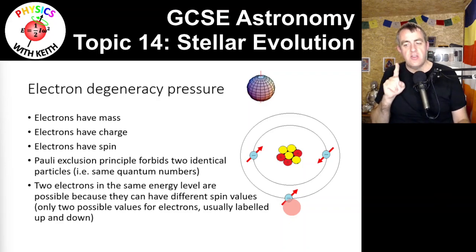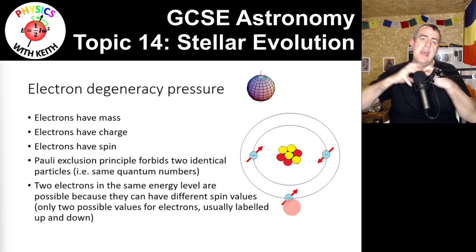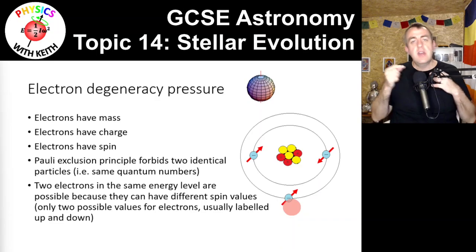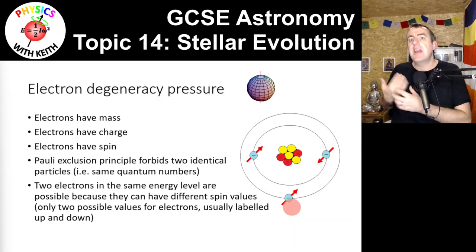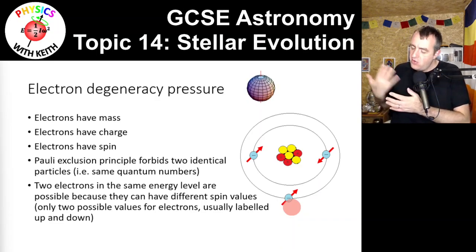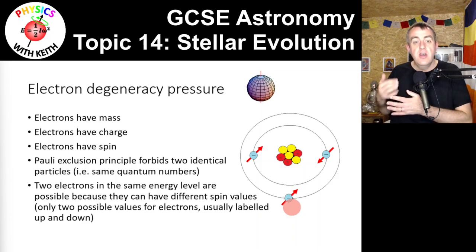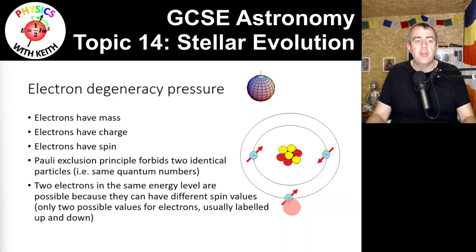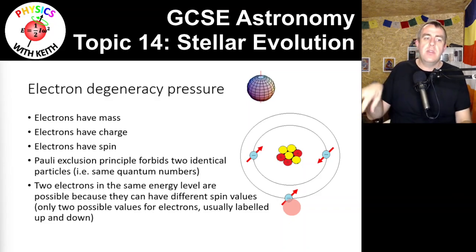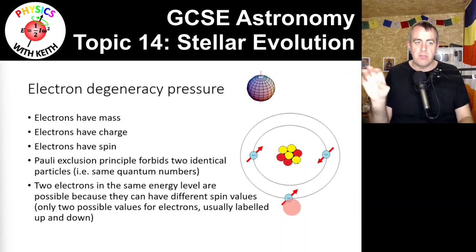Now, this does something interesting. This means that if we start trying to push atoms together enough, the electrons can't get too close together. Because if you try and put the electrons too close together, the universe won't let them. They cannot be pushed closer together. That's not how fermions work, and fermions are the names of particles that behave like this.